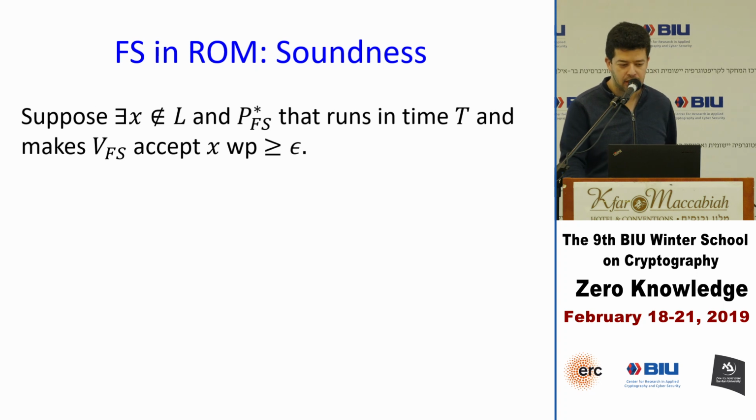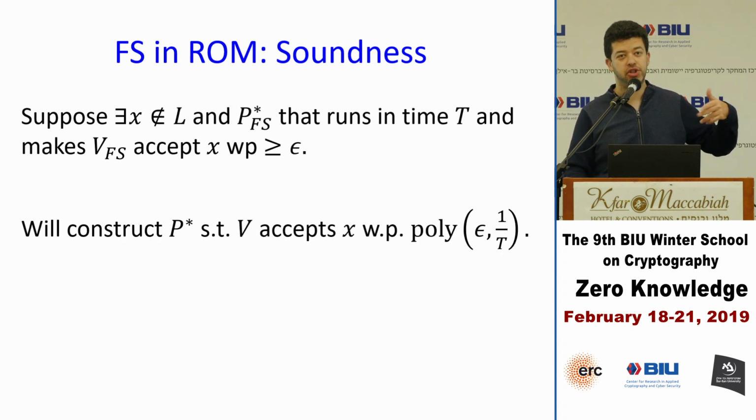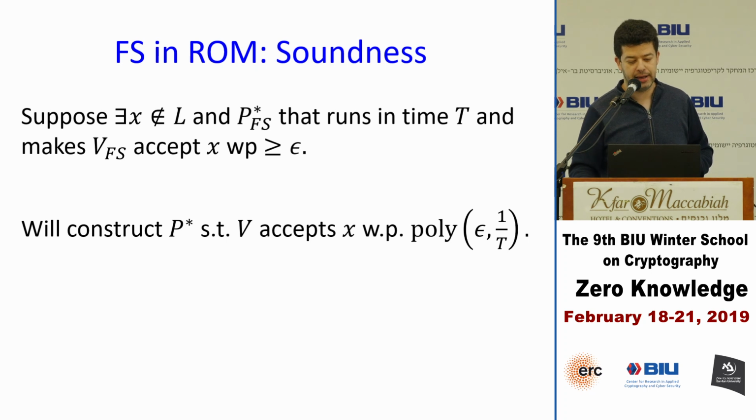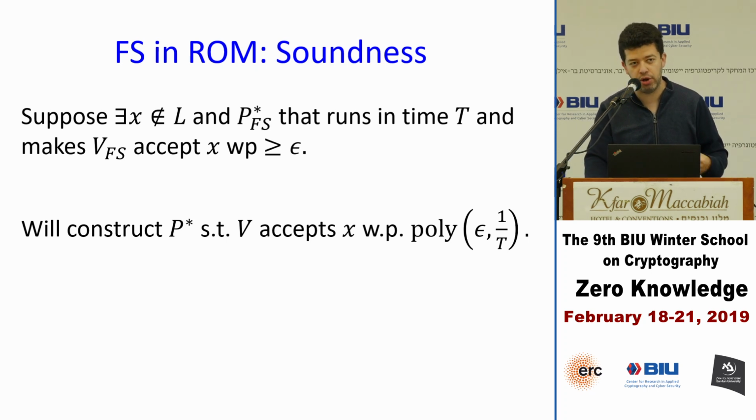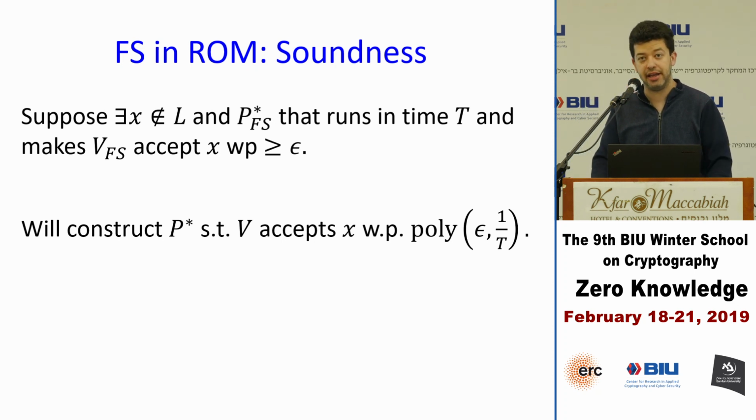Given such a prover, we're going to construct a cheating prover for the original interactive protocol that makes the verifier there accept with probability that's polynomial in epsilon and in 1 over t, which in our setting is going to be non-negligible. This is a contradiction because we assumed the protocol had negligible soundness. Okay, so far?